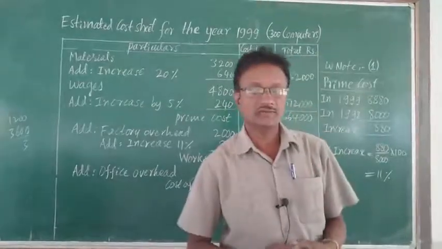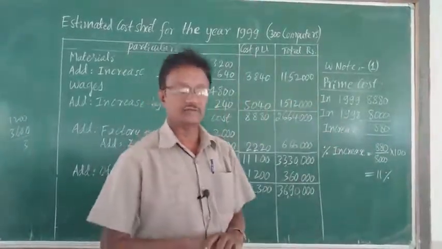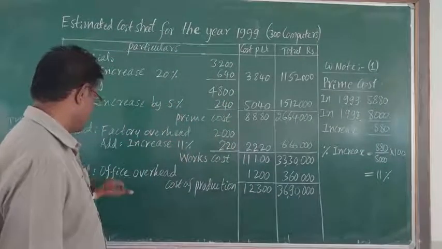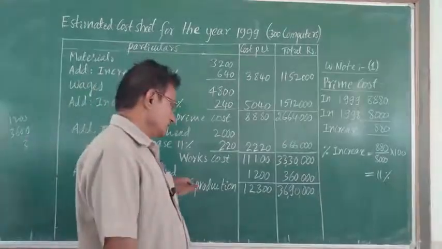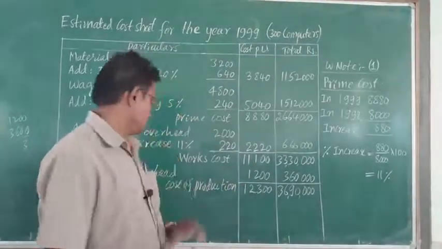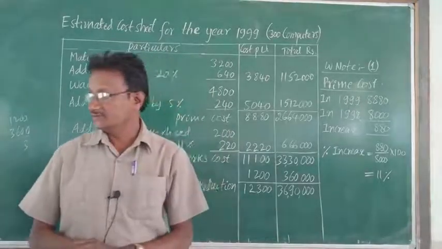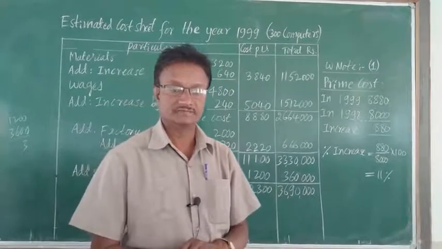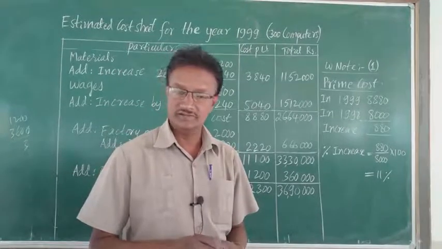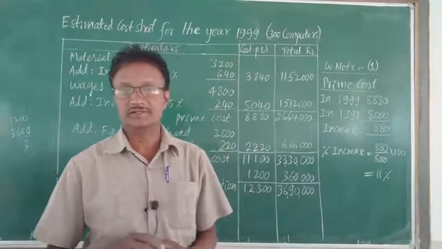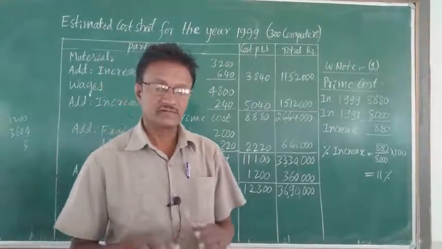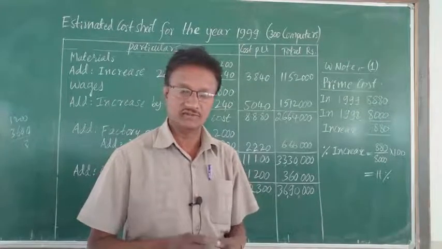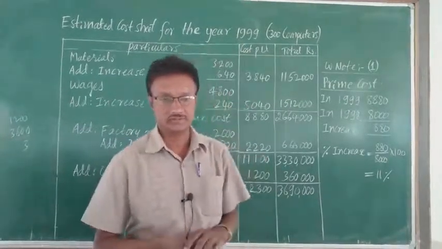Next we have to add office overhead. Office overhead is 1,000, and as per the information, office expenses will not be affected. The information given in the problem is office overhead will not be affected. That means there is no change in the total cost of office overhead.